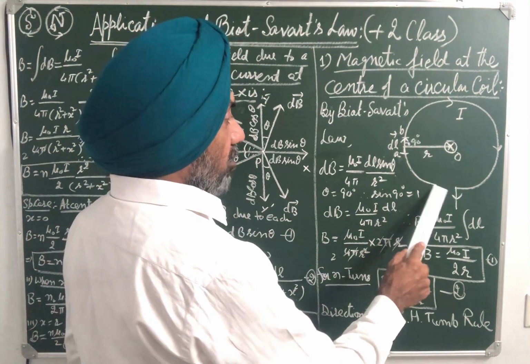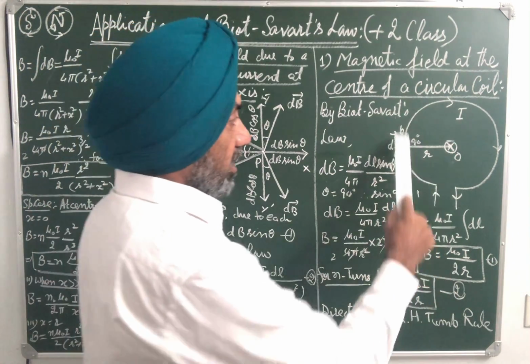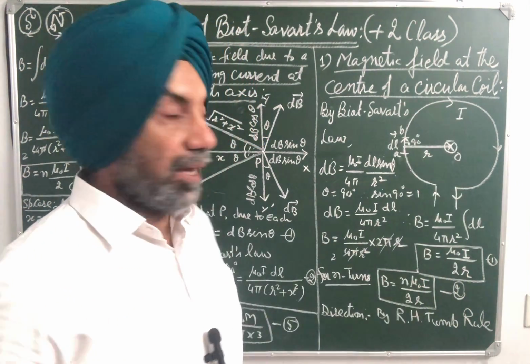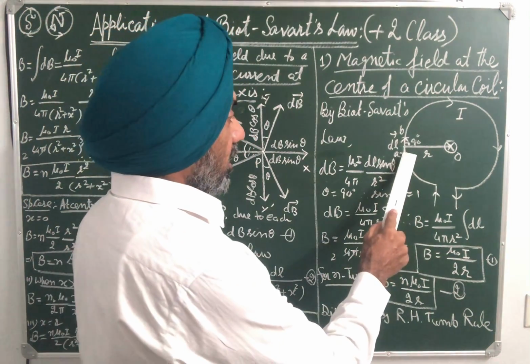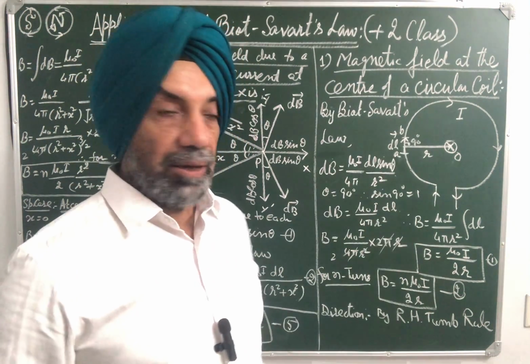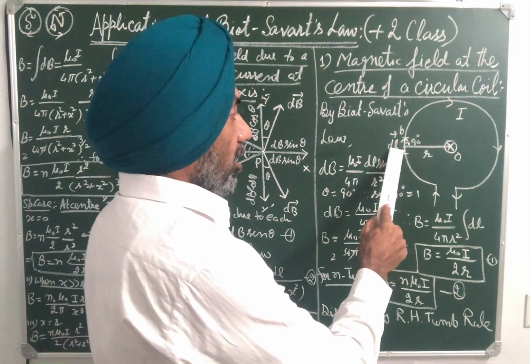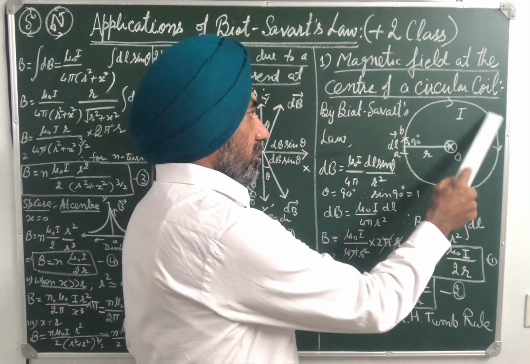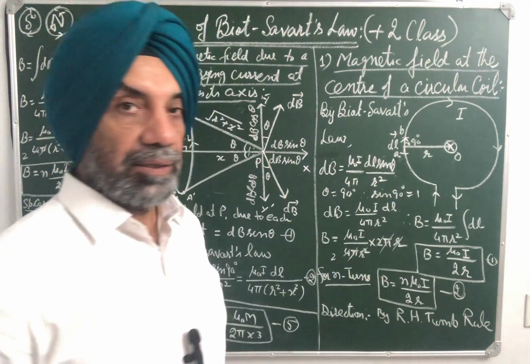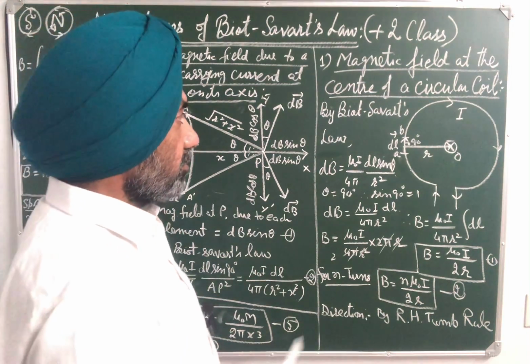Suppose we have a circular coil carrying current I in the clockwise direction, as shown in the figure, having center O and radius R. Let an element AB of the coil carry current, of length dl. Let I be the current flowing through the coil and it has n turns.